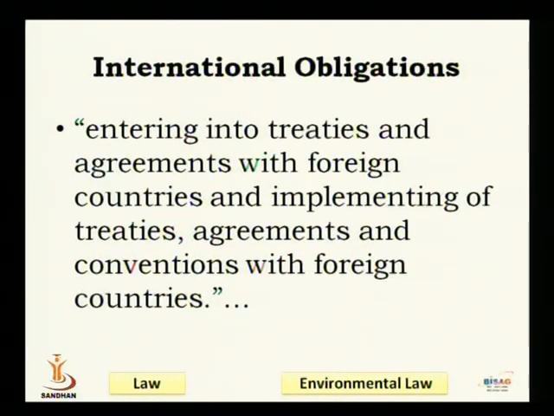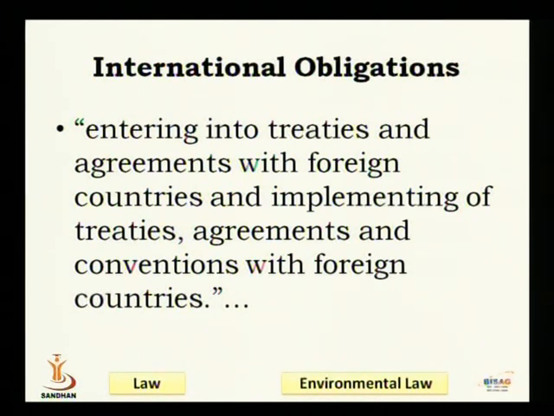As per entry number 14, entering into treaties and agreements with foreign countries and implementing of treaties, agreements and conventions with foreign countries. If the Union enters as a signatory, or ratifies, or becomes a member of treaties or agreements with foreign countries, or implements that treaty or agreement in India, the Indian Parliament can pass the law.